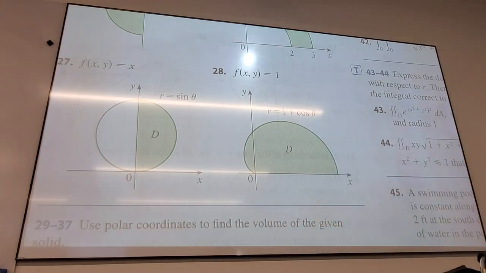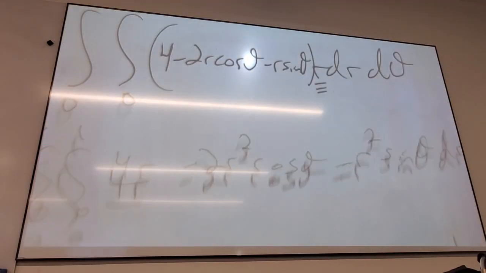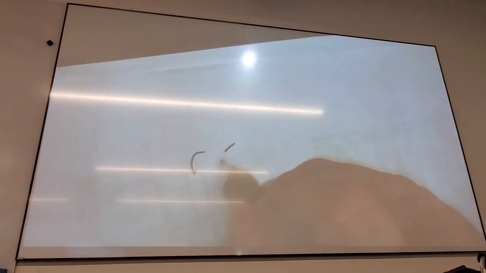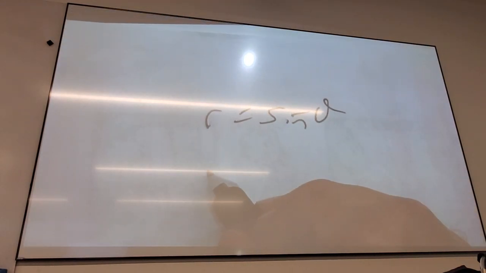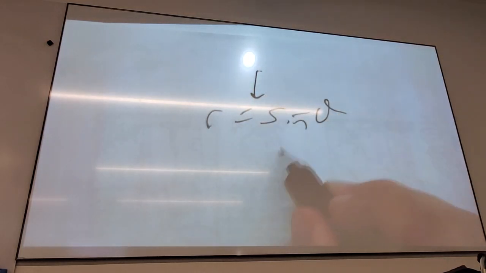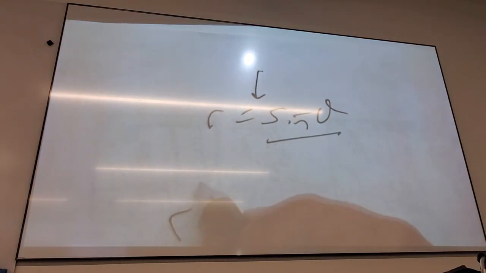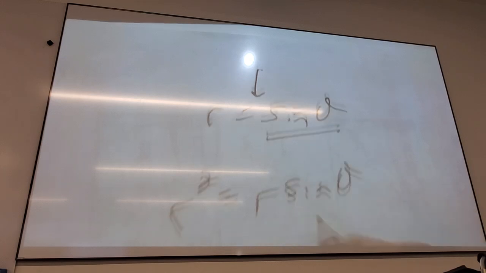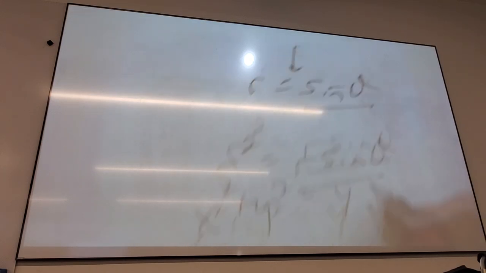Okay. Very quickly, r equals sine theta. How do I convert that into a rectangular equation? If I multiply both sides by r, I'll get x squared plus y squared equals y.